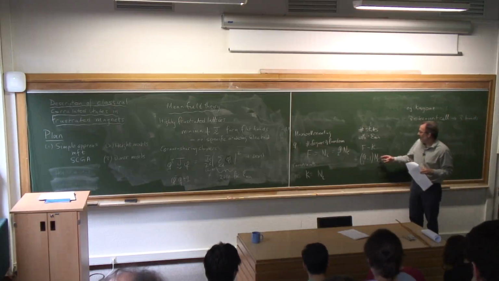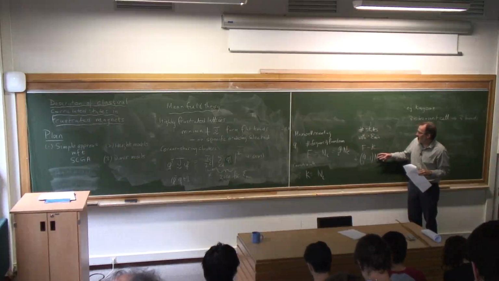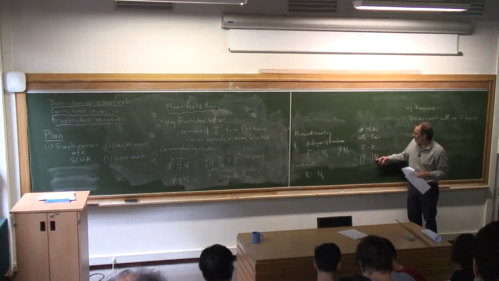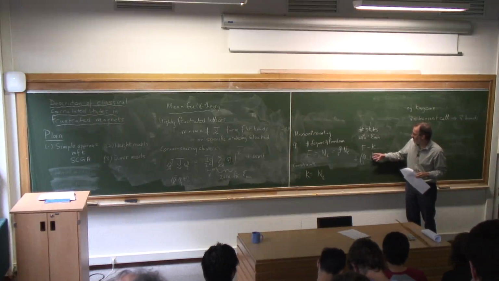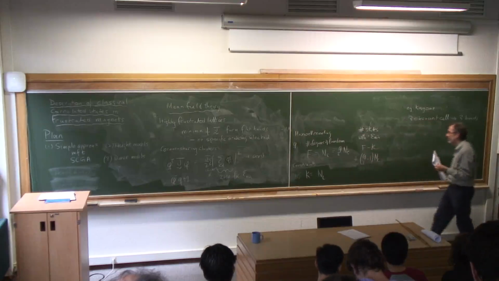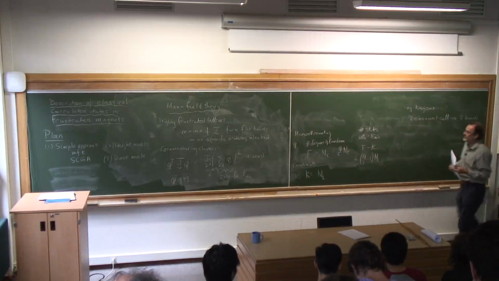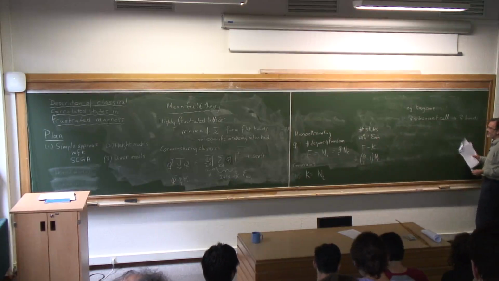And this tells us that 1 out of the 3 bands is degenerate with this minimum eigenvalue, and the remaining 2 will be dispersive.